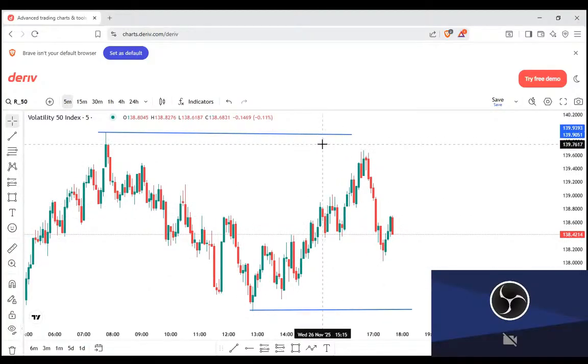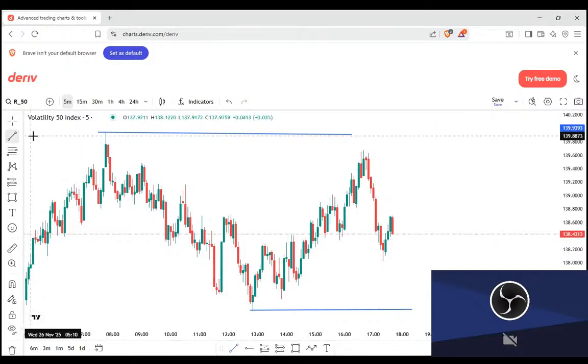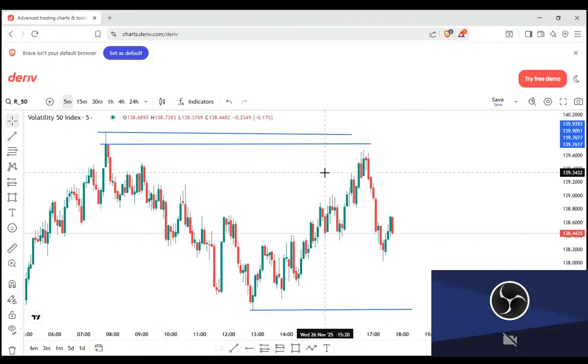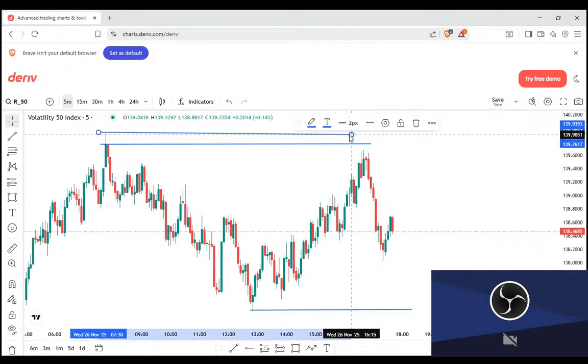We couldn't get to these highs. That's why at times you mark out the body. Even the body is where it started rejecting from. It couldn't even get to the body, then price started pulling up from there.